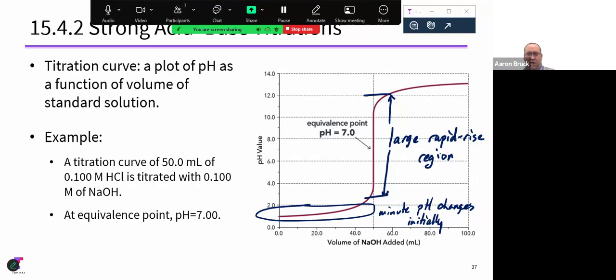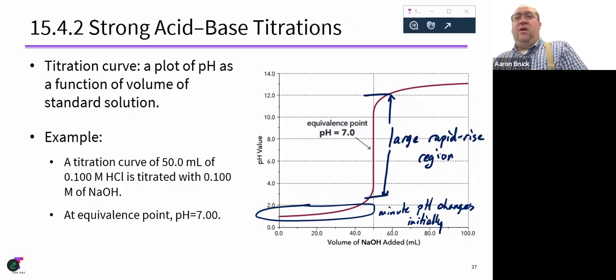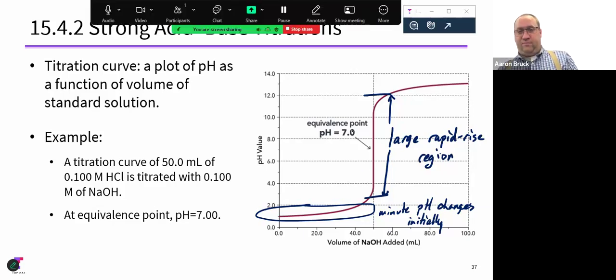So the rapid rise region of a strong curve, in this one, it's about 10 pH units. That's not necessarily going to be a consistent number that you see, but you are going to see definitely that there is a large period in terms of pH change without a whole lot of change in volume.